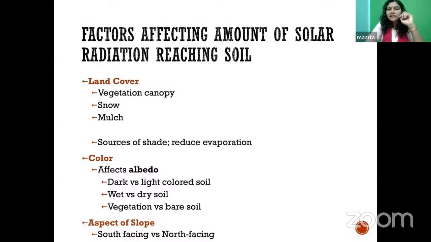But in bare soil, there is nothing which will absorb radiation in comparison to vegetation. So bare soil will reflect more, and that is why the albedo value is high in bare soil rather than vegetation. Okay, I think these are very interesting points.